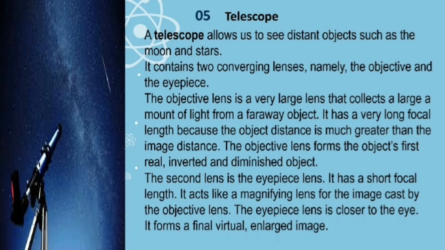And the second lens, the eyepiece, has a short focal length. It acts like a magnifying lens for the image cast by the objective lens, and the eyepiece lens is much closer to the eye. The image forms a final, virtual, and enlarged image.